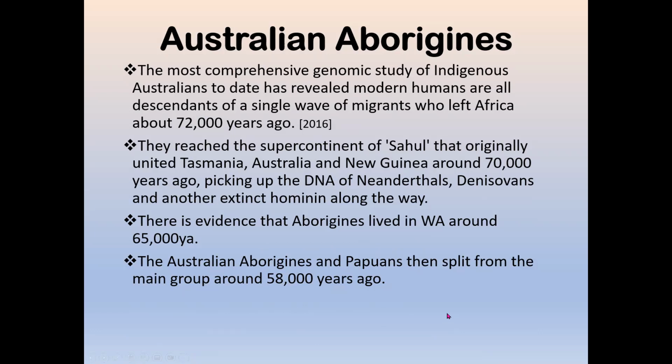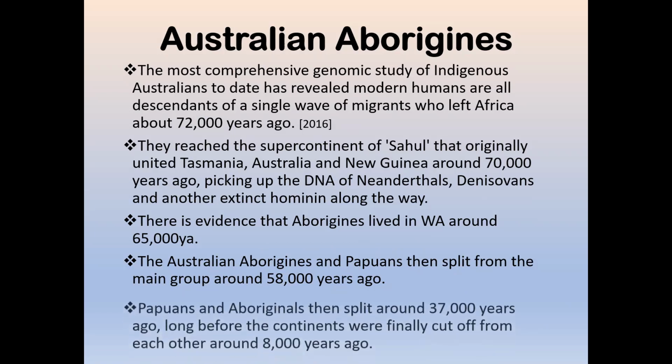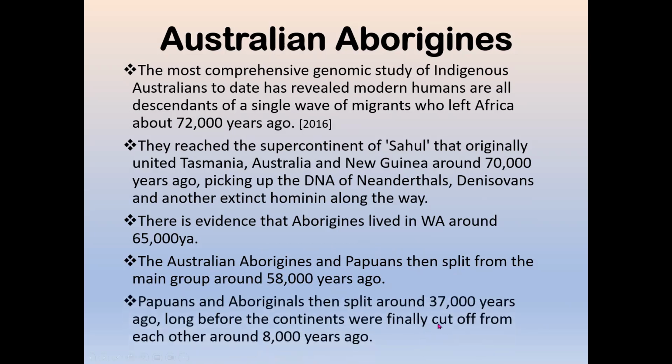That means reproduction between the two, the matings, no longer occurred between the Aboriginal and Papuans, and then they evolved further on, but separately. In one document I read 58, another one I read 37, so I don't know which one it is, but it's a long time ago.